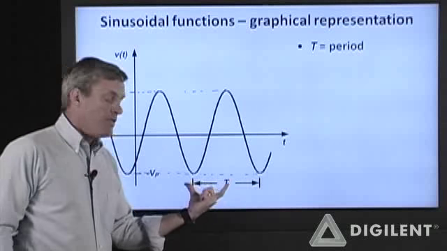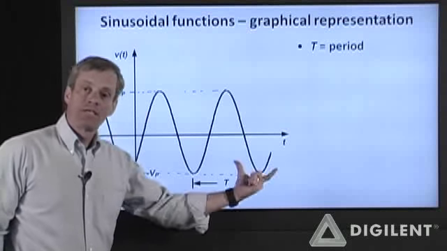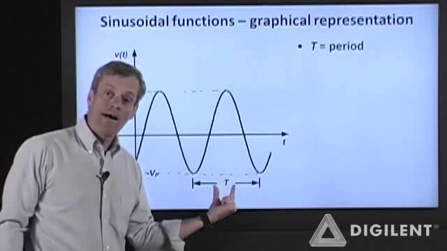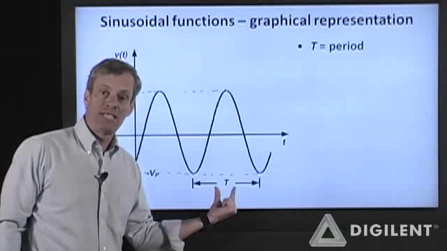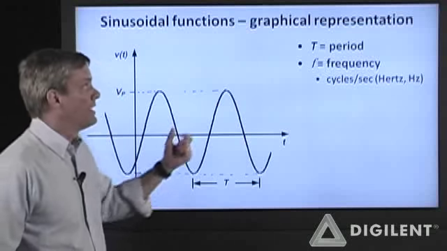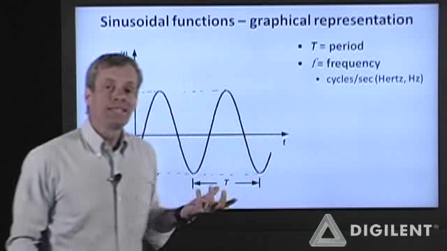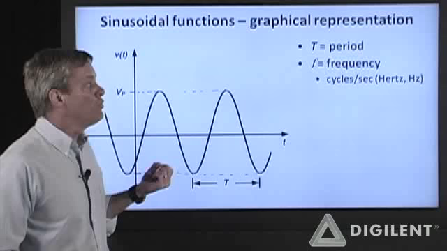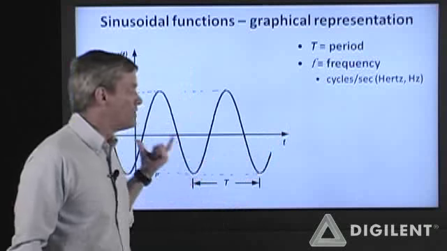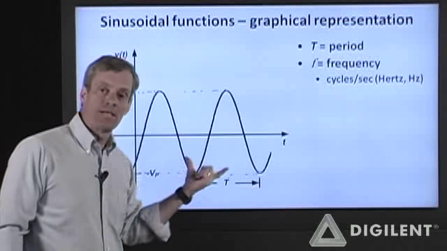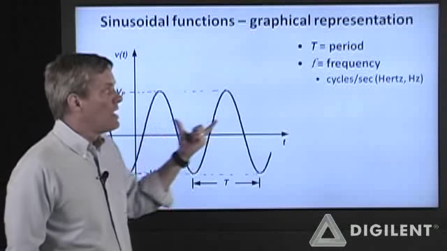Now, the frequency of this sinusoid graphically is depicted by a time period, capital T. Okay? T is the period. It is in seconds. Now, you will see a lot of people using f for frequency of these sinusoids.